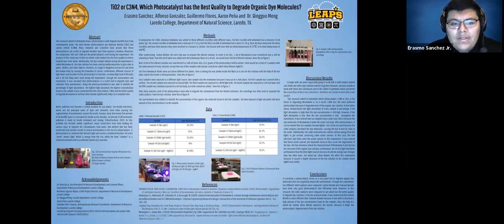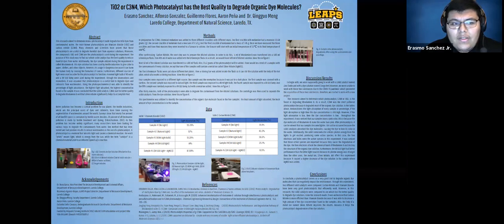However, in this research, the solid catalysts were compared to see which has the better quality to degrade dye solutions. From the research made, it was understood that carbon nitride is more efficient than titanium dioxide because it was able to decrease a high amount of dye concentration found in the samples. Also, the help of a metal ion named silver nitrate improves the results because it helps the photocatalyst degrade more of the dye solution.